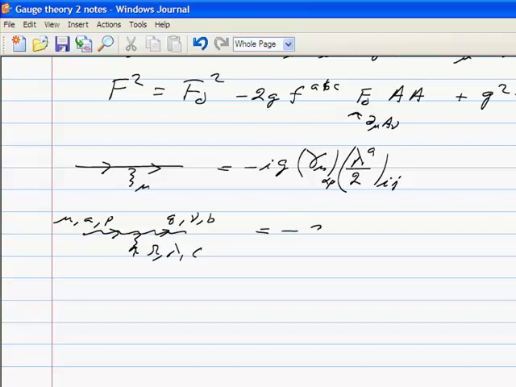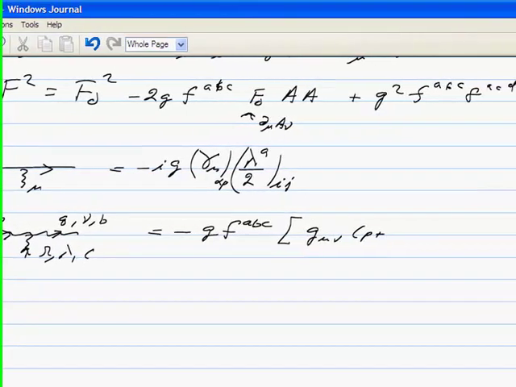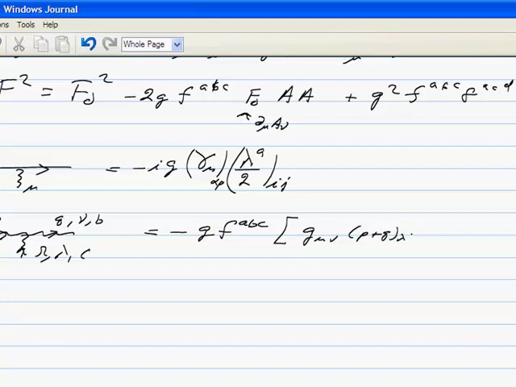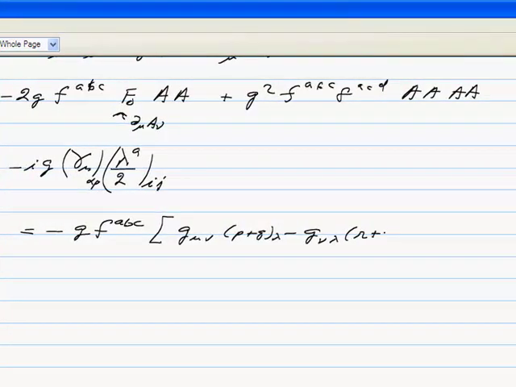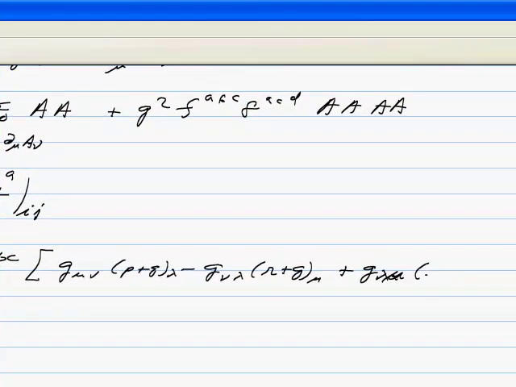So this is minus g f A B C. There's no i because the derivative brings also a factor of i. g mu nu (P plus Q) lambda minus g nu lambda (R plus Q) mu plus g lambda mu (R minus P) nu.